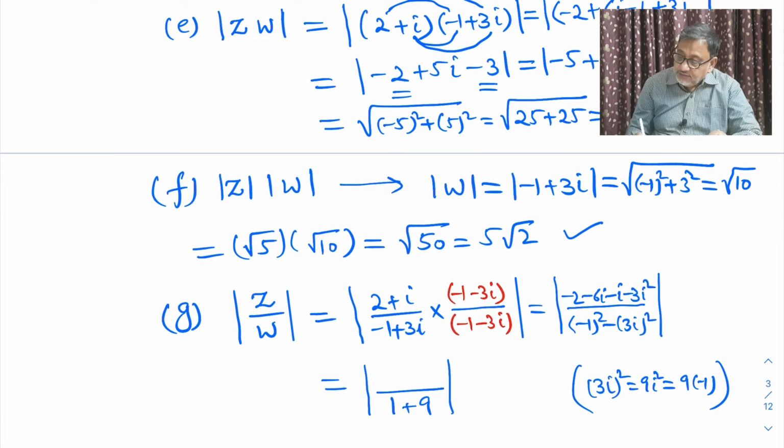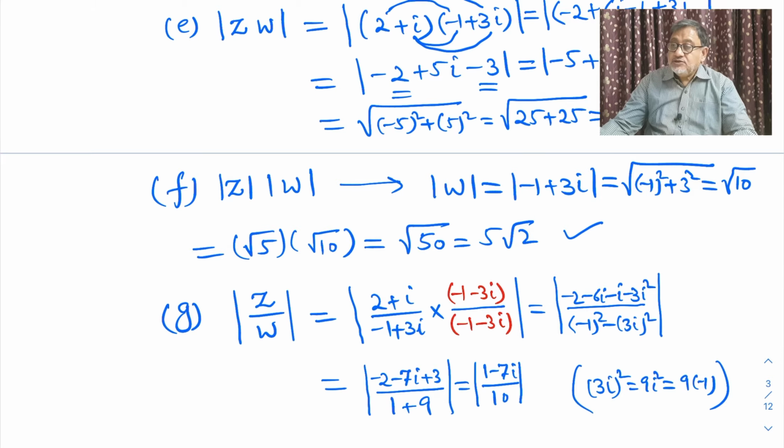The numerator will be, let me simplify, minus 2, and both of these together will give me minus 7i. And the last one, minus 3i square, will be plus 3, because i square is minus 1, so minus and minus gives plus 3. Now the denominator will in turn be 10. In the numerator, minus 2 plus 3 will be 1 minus 7i.